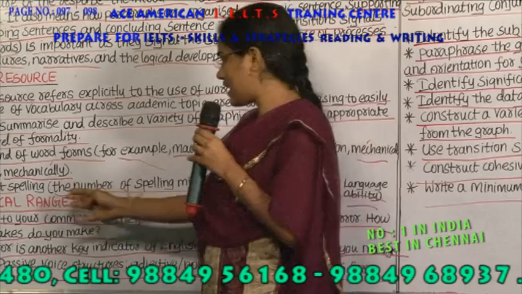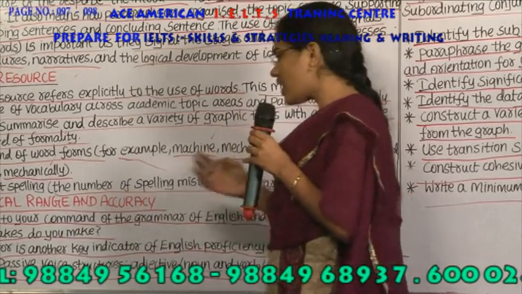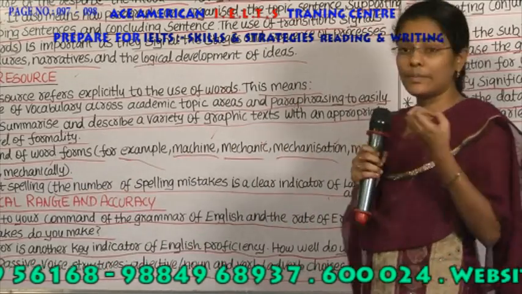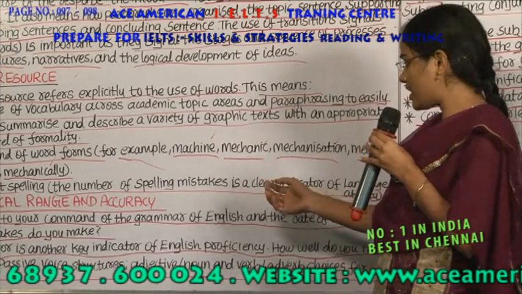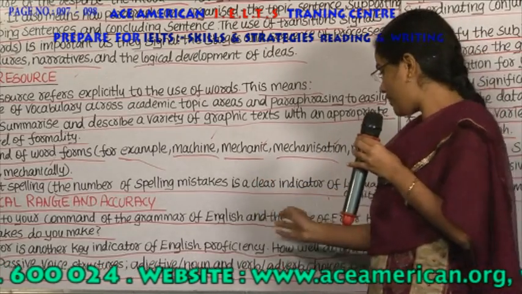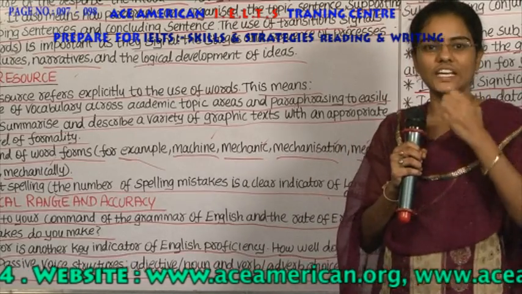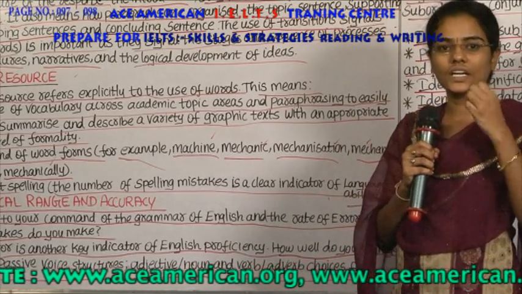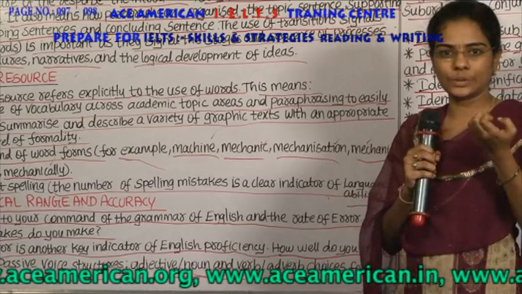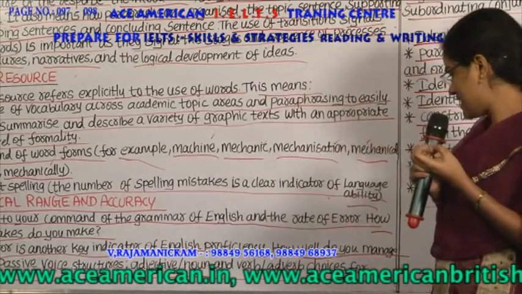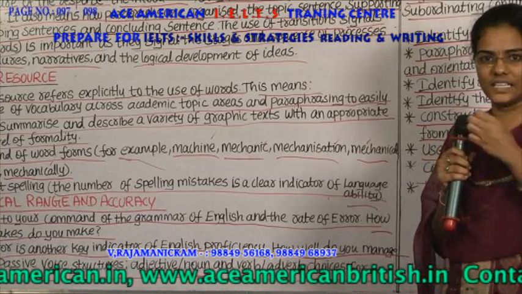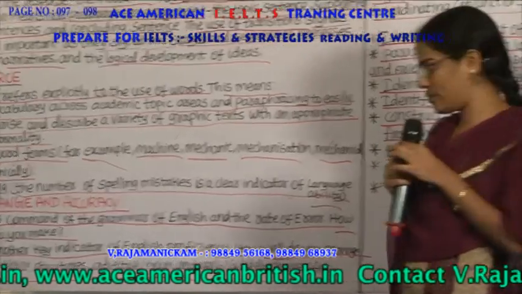And then next, grammatical range and accuracy. First, grammatical range refers to your command of English grammar. They can check your grammar and your ability to use it. Next, English proficiency: how to manage English and how to arrange words properly.